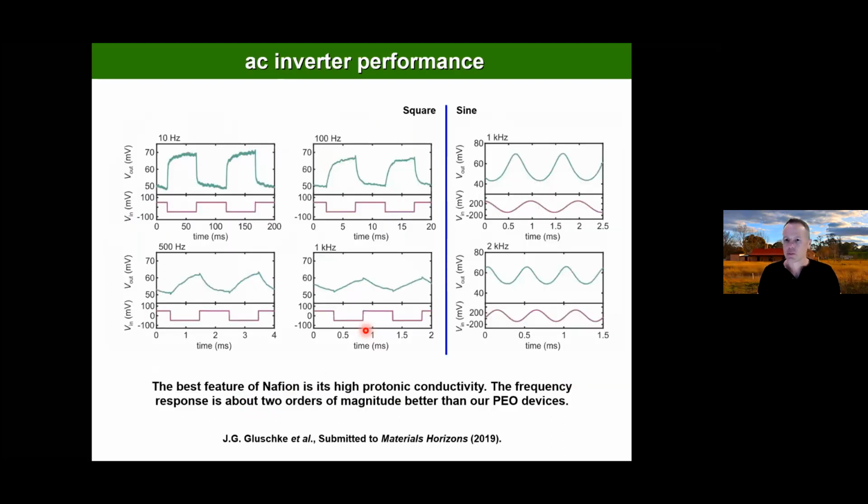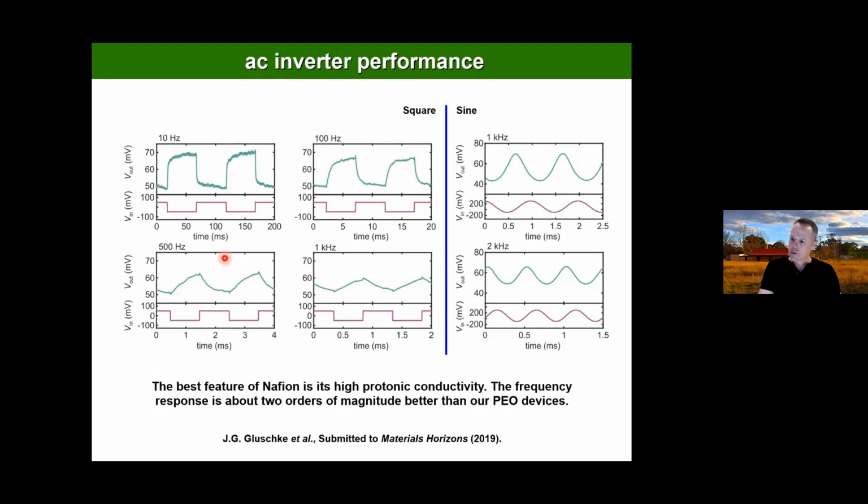But the big place where we get gain is in AC performance. So this is now looking at input signal here in purple and output signal here in sort of this cyan color. And you can see tens of hertz, we get reasonably good response. 100 hertz, we're still okay in here.